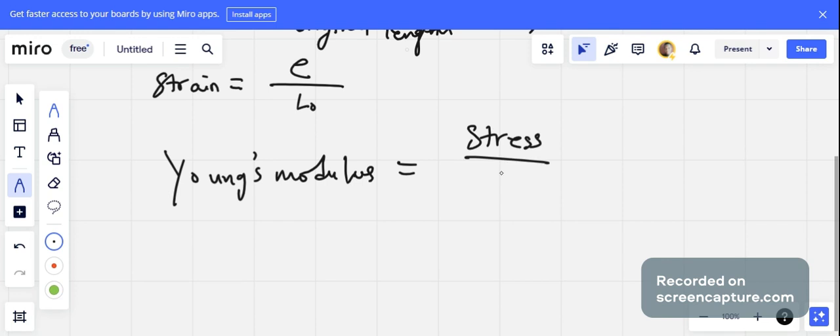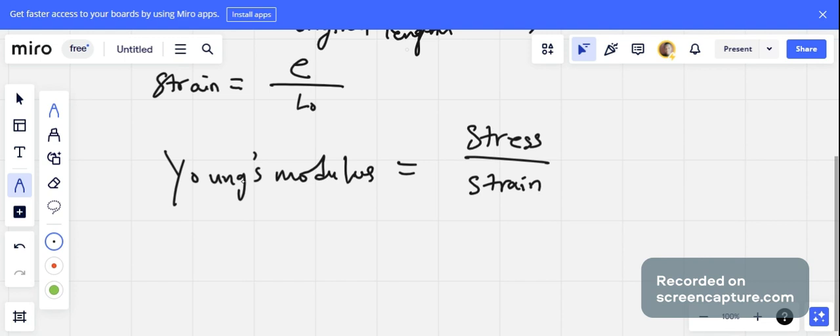With Young's modulus, you are trying to look at the factor by which a body can withstand certain stress or strain, the ruggedness of the body. That's what the concept of Young's modulus is about.